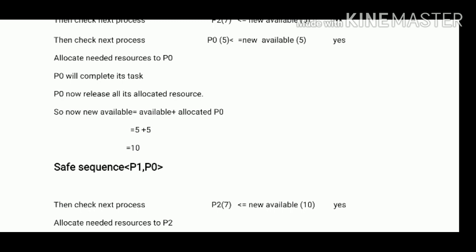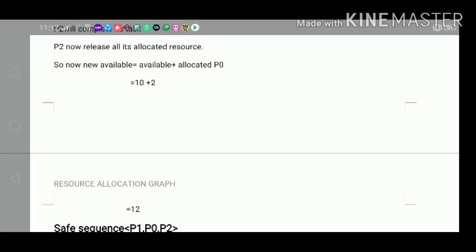So what will be the shortcut is then the new available will be available, which is 10 plus already allocated to P2, so that will be 12. That means now the safe sequence will be P1, P0 and P2. So that will make our safe sequence.